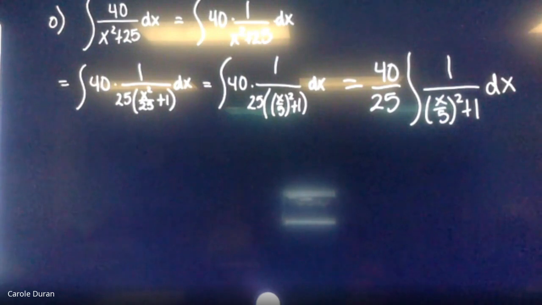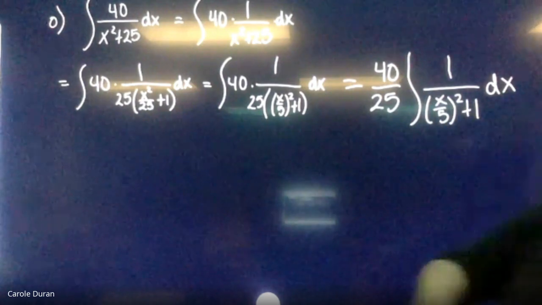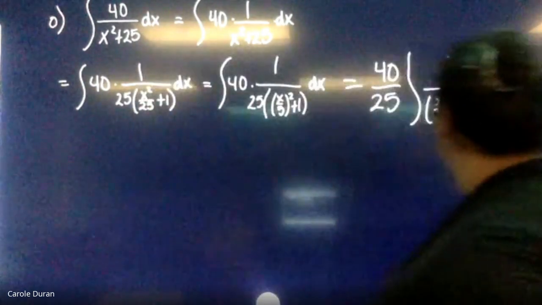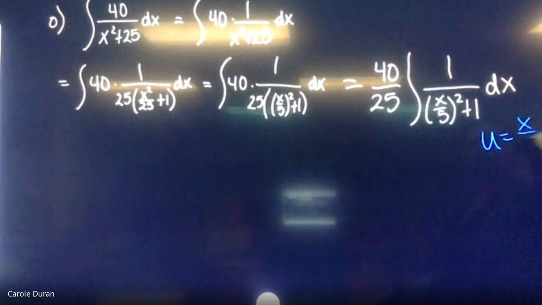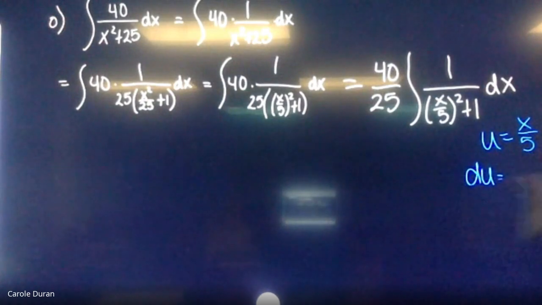Now is when I can do my u substitution. My u is whatever I'm squaring, so that's going to be x over 5. Which means that my derivative of u is equal to what? 1/5 dx. I have the dx in my problem.